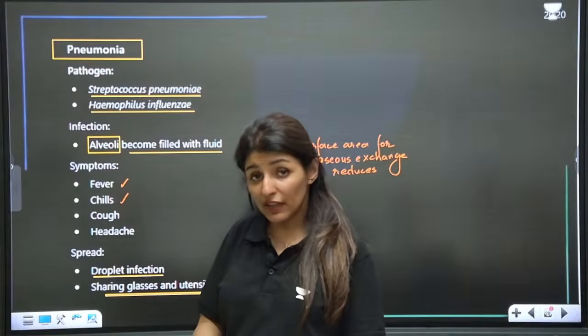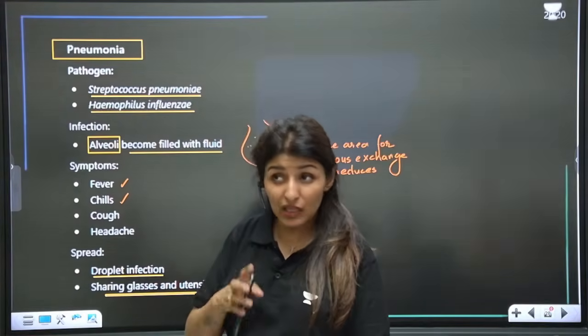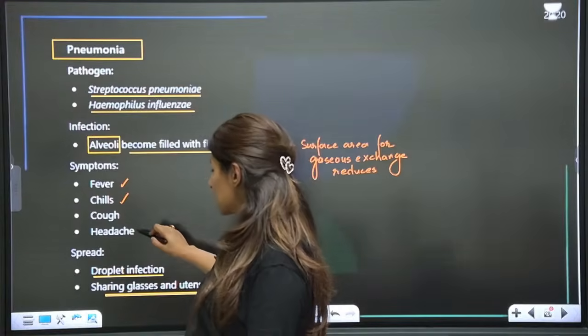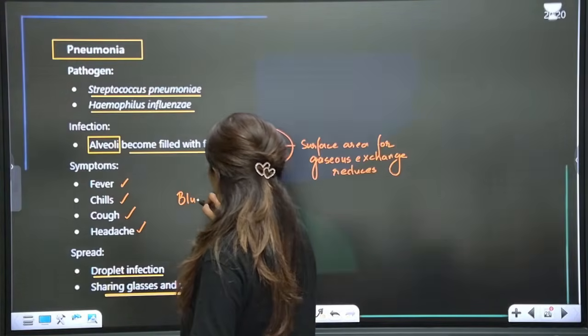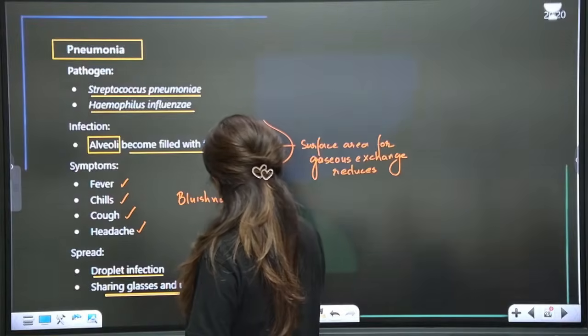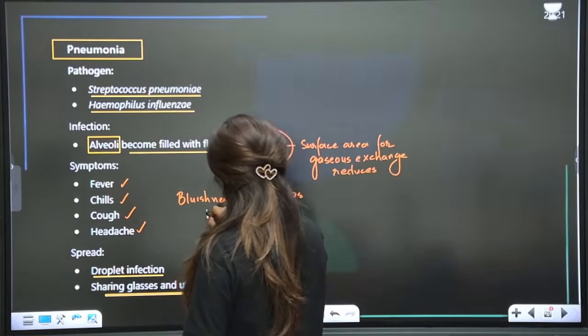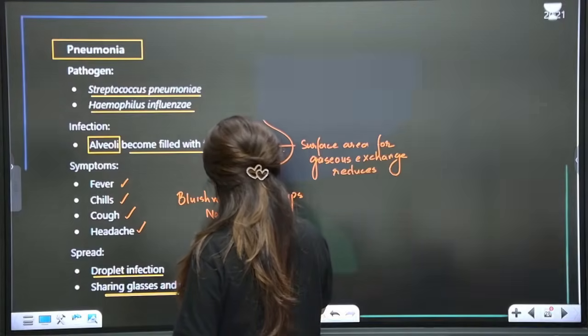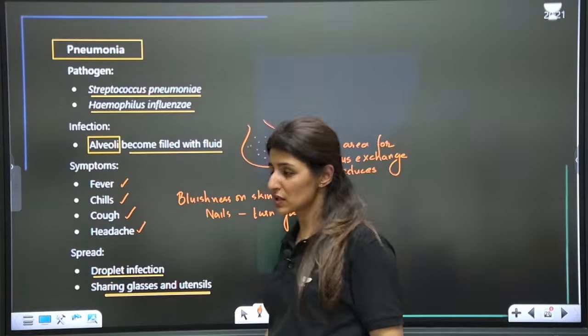You're not getting enough oxygen, and when we don't have enough oxygen, there will be weakness, there will be bluishness on the skin, lips, right? Nails, they turn gray, right? So this is all because of hypoxic conditions, that is oxygen deficiency.